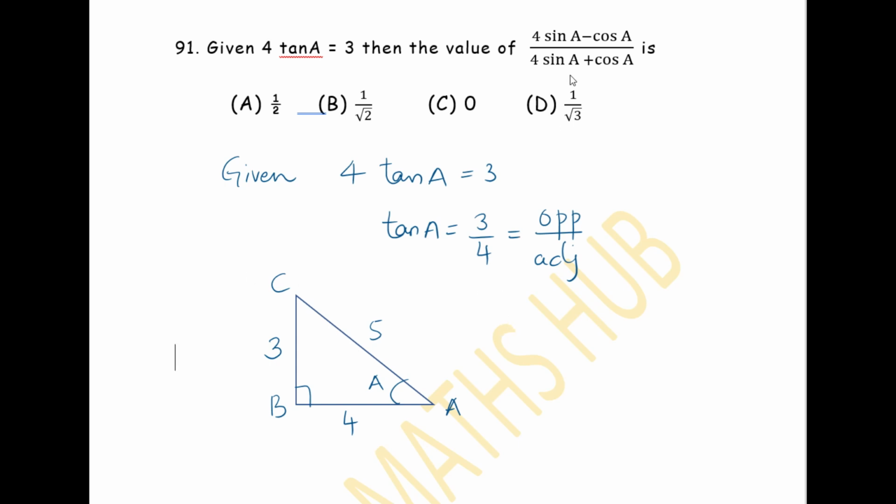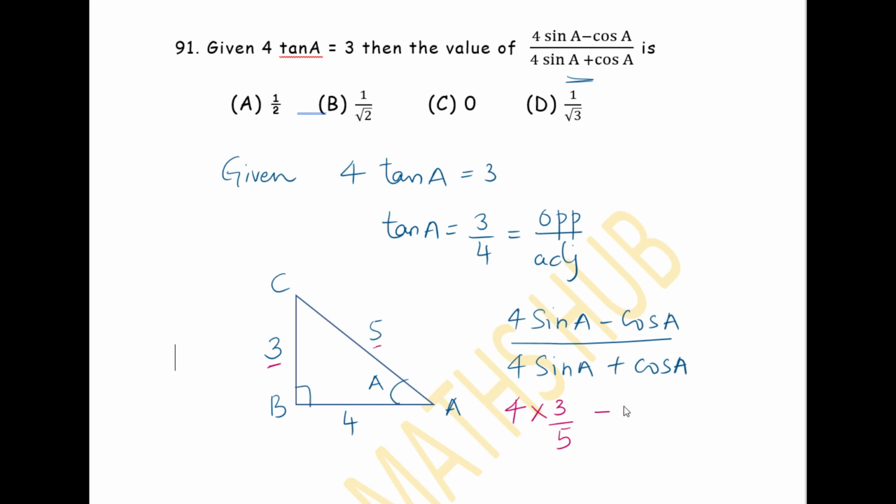Now consider (4 sin A minus cos A) whole divided by (4 sin A plus cos A). Now what is sin A? Sin A is opposite by hypotenuse, that is 3 divided by 5. Minus what is cos A?